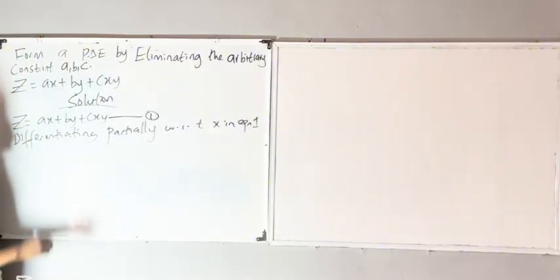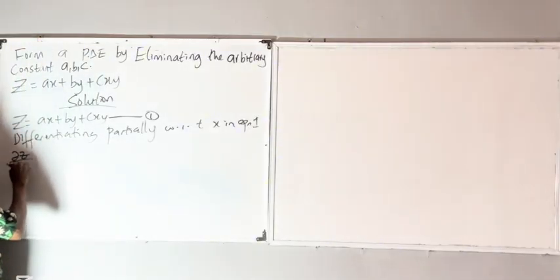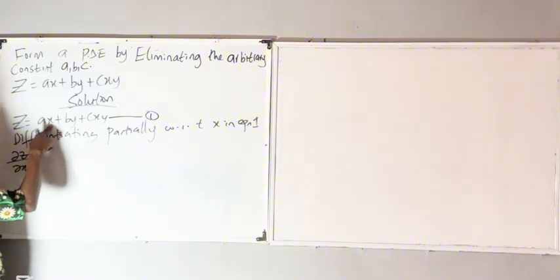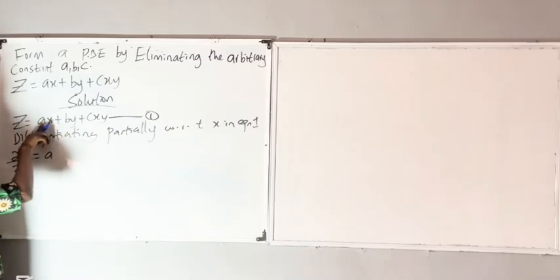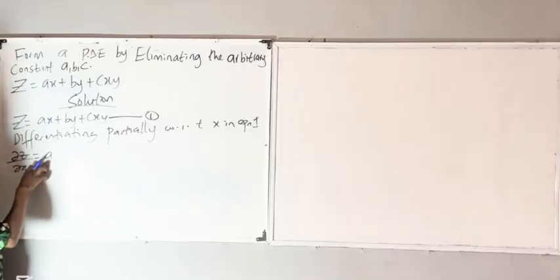If I differentiate z, I'm going to have the partial z over the partial x. As for ax, if I differentiate x here, I'm going to have 1, multiplied by a, I'm going to have a.